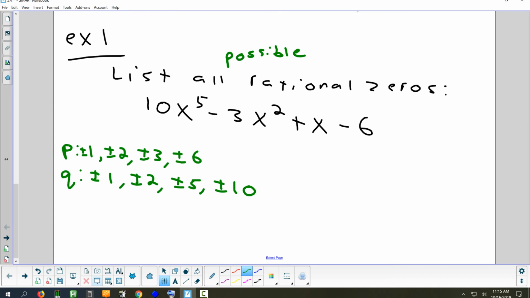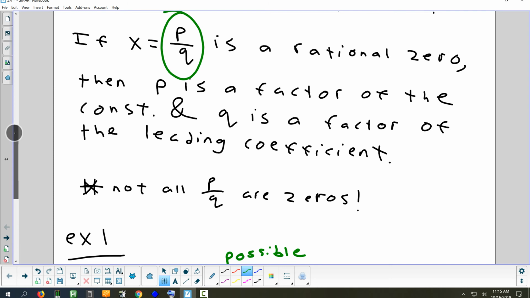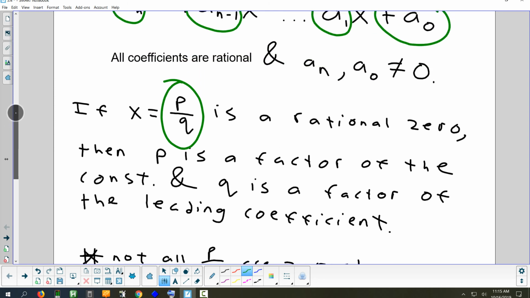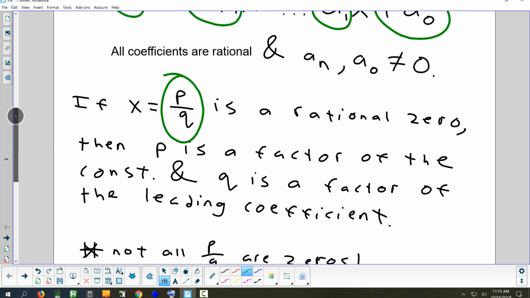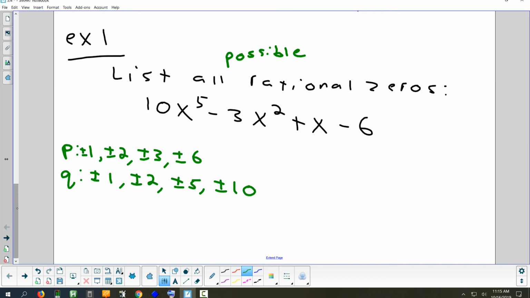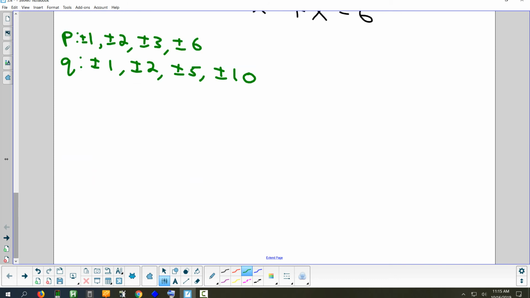So we have a lot of possibilities here. We have to write every single one of them. We're going to do it in an organized way. We have to write every possible P we could have over every possible Q. All the combinations. So these are my possible rational roots. And I'll show you how you do it in an organized way.